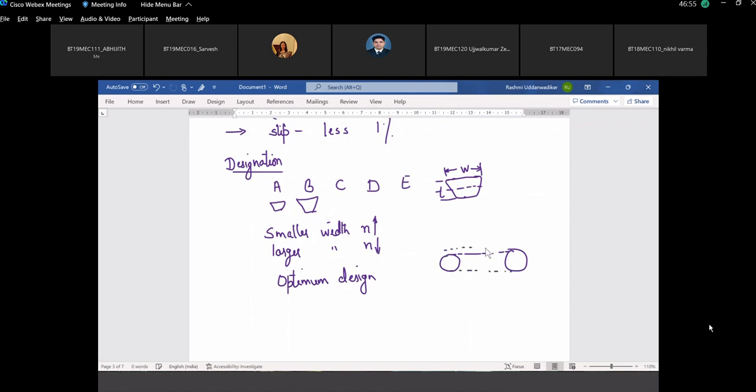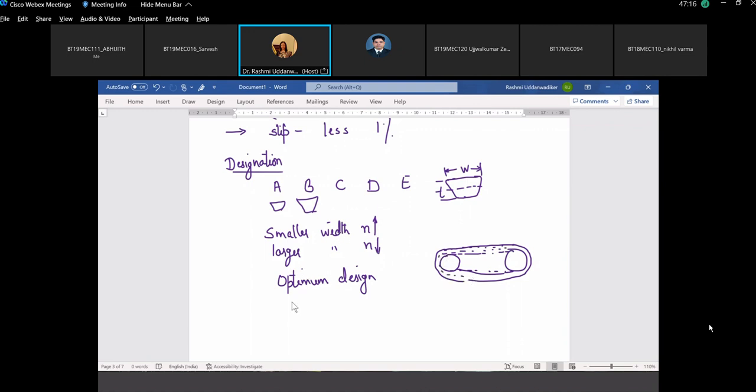I'm drawing a slightly exaggerated view. This is the belt drive with this given thickness. This would be the inner length, and then there is a nominal length which is passing through its neutral axis.